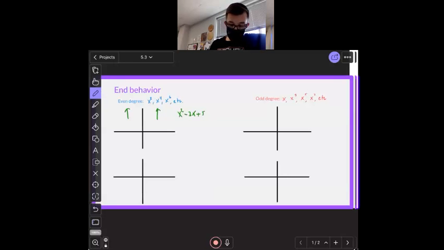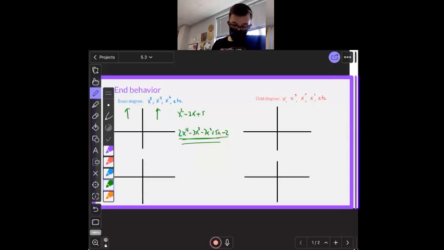The same way that 2x to the 4th minus 3x cubed minus 7x squared plus 5x minus 2, the ends of this function would also point up, as they have an even degree. Oh, sorry, and I forgot to mention this last part too.